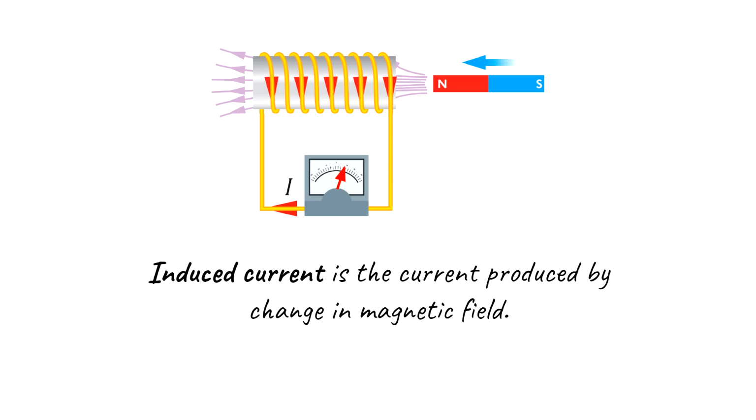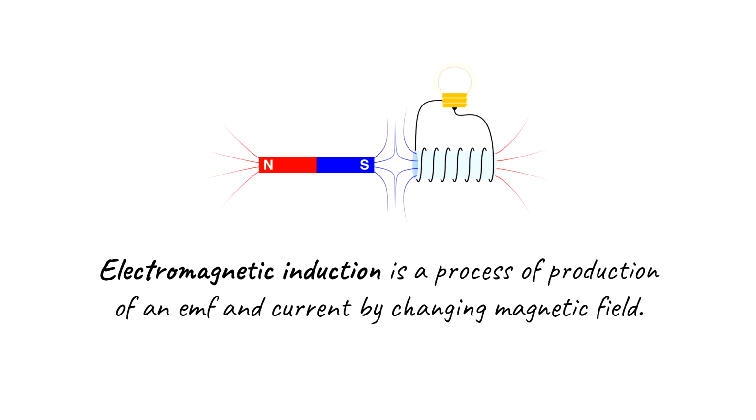And all this process we did is called electromagnetic induction. Electromagnetic induction is a process of production of an EMF and current by changing magnetic field. So the processes in Faraday's experiments are called electromagnetic induction.